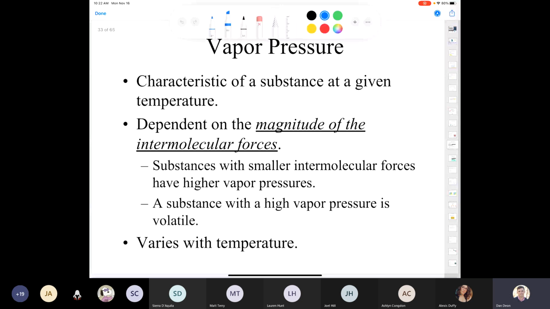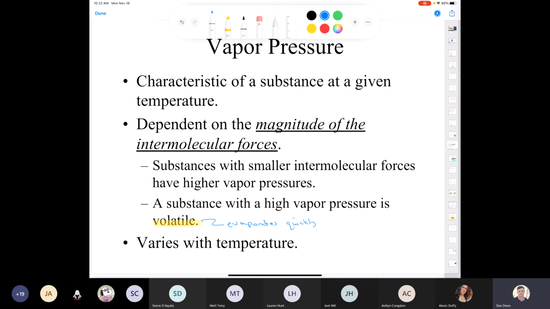Has anybody ever heard of the word volatile being used in their everyday life? Like when people use the word volatile in everyday life, a lot of times if you listen to the police scanner or something, they use it to describe people.